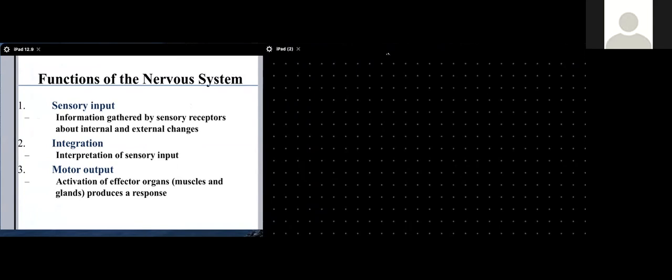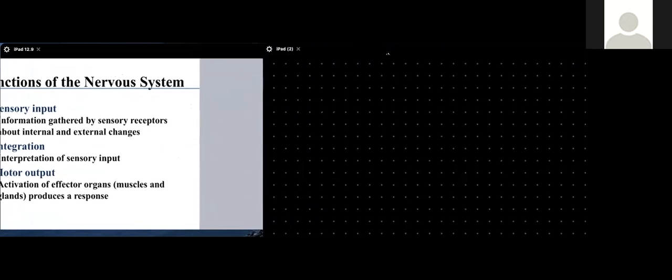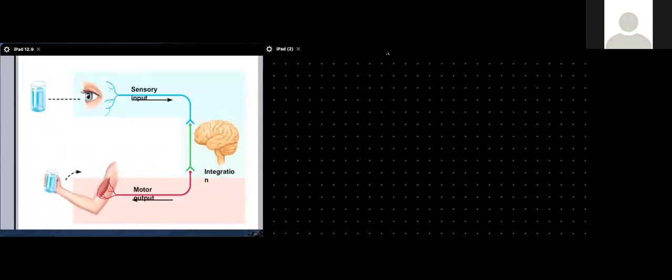First function of the nervous system is to allow you to detect sensation. Sensory input. So now you can hear me. So the sensation here is going to be hearing. You can see the board. So the sensation that you are detecting here is going to be vision, and so on.